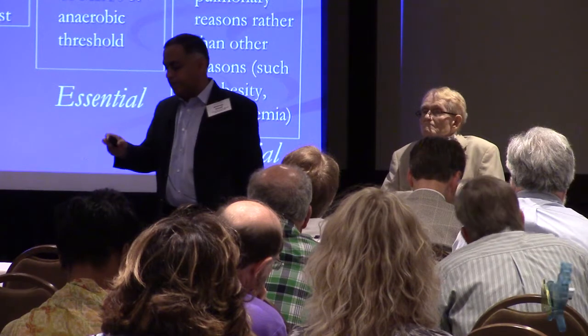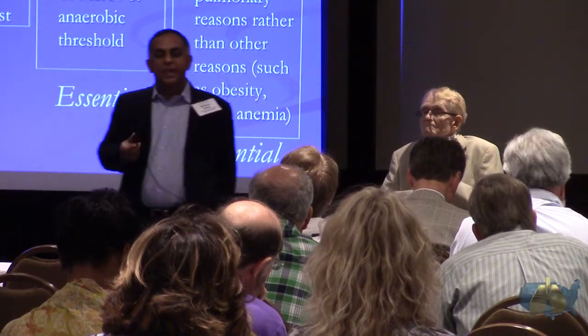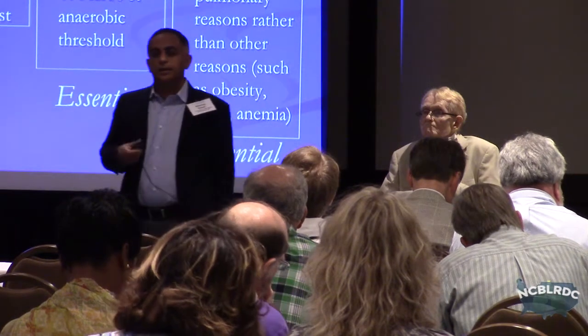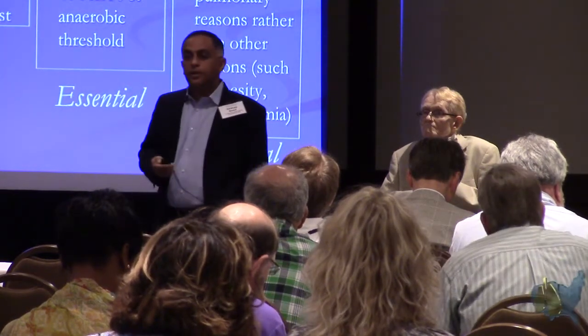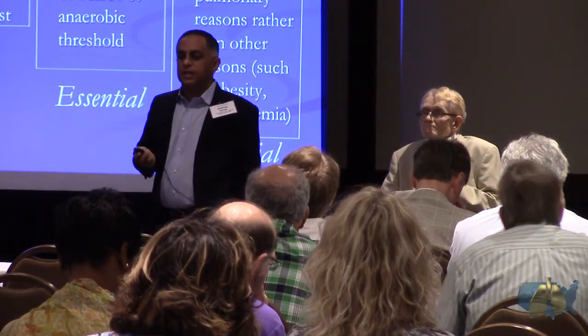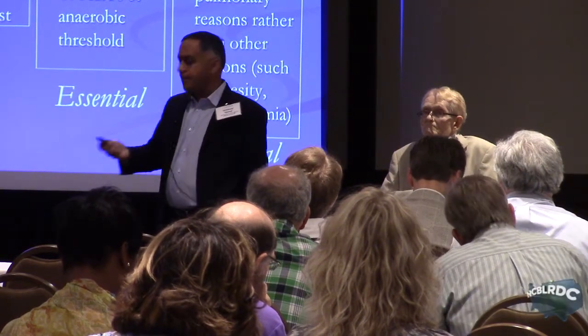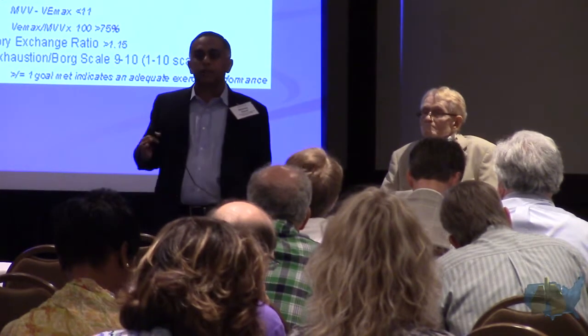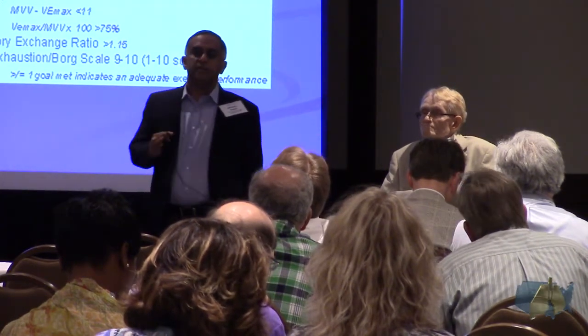It's ideal for the first indication. If people have advanced disease, they can develop gas exchange abnormalities even early on, and then it will be very obvious. But for people who have relatively early disease, it's very important to have a maximal test. There are certain criteria that allow us to determine whether a test is maximal or not.